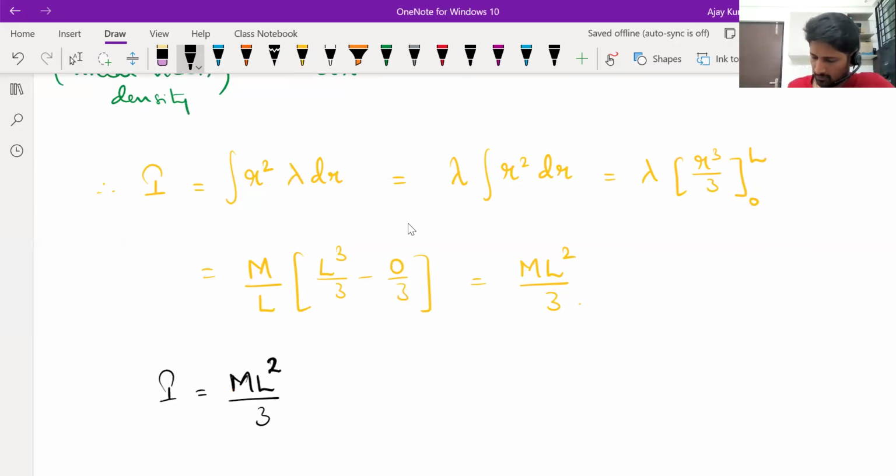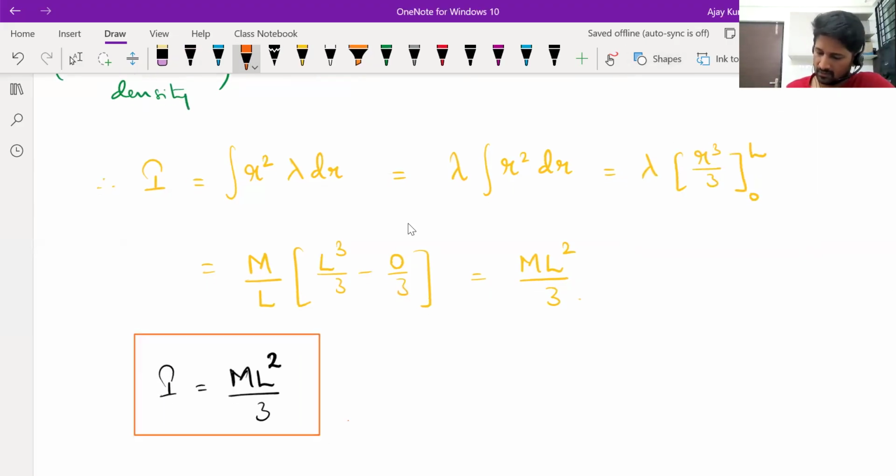Can one of you tell me for which system we found the moment of inertia? Uniform rod, correct. About which axis? How was the axis taken?